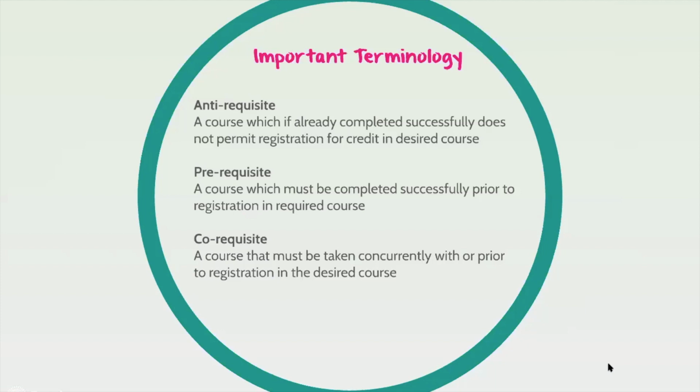And really what that means is that there are two courses that either need to be taken at the same time, or one of the courses needs to be taken before. So they can either be taken concurrently or before that. So the timetable website will list those different requirements on there for your reference.